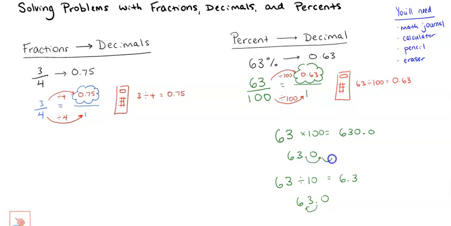Times 10 times 10. So we actually get 6,300. Same goes for division. If we divided by 100, we'd actually move the decimal place twice, which would give us 0.63.